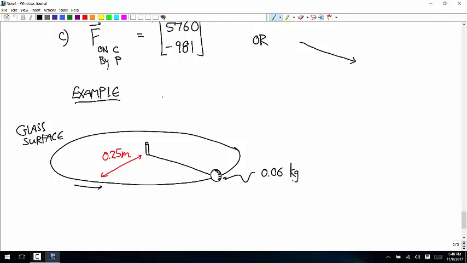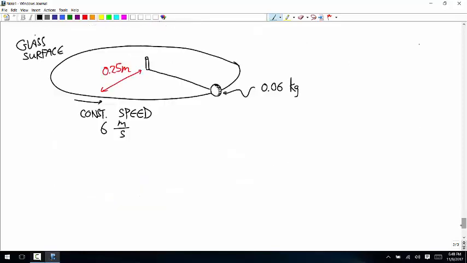That's about the weight of a pinball. And let's say that it's moving around the circle with a constant speed of 6 meters per second. And we want to know what's the tension in the string.